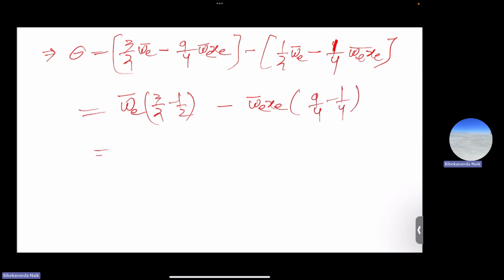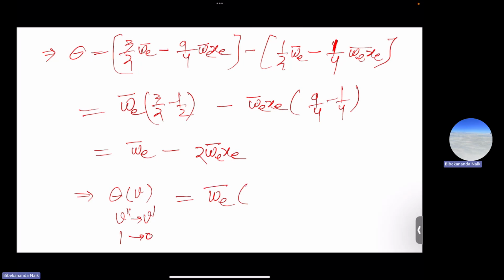So it will be omega E bar minus 2 omega E bar xc. So this G(V) corresponding to the transition from double prime to single prime, or 1 to 0, is omega E bar, and if you take common, it will be 1 minus 2xc.